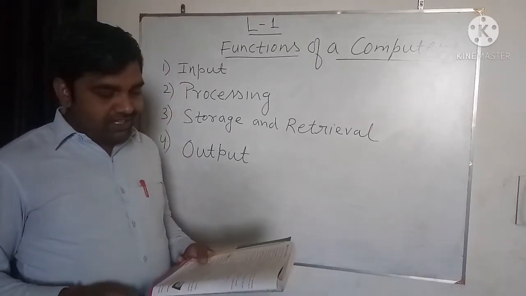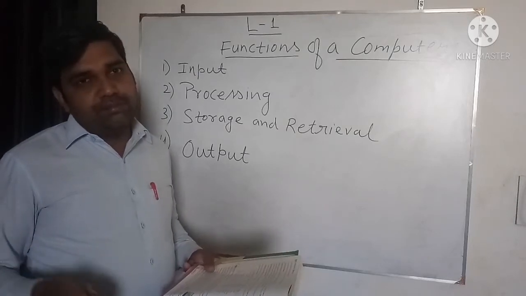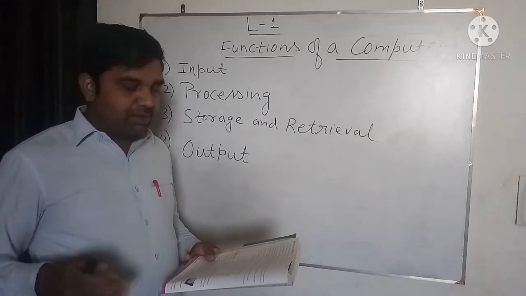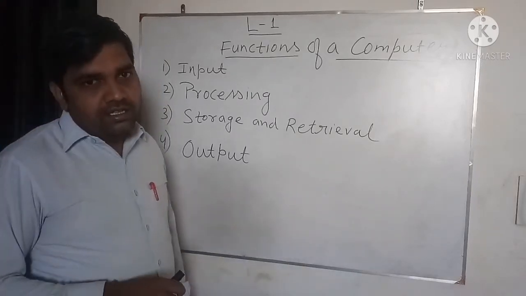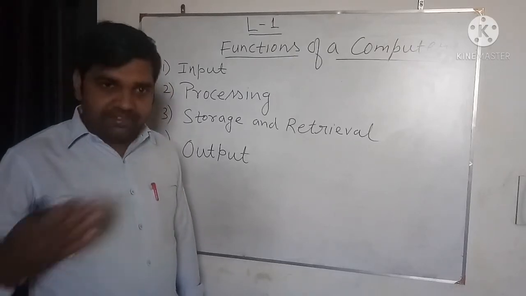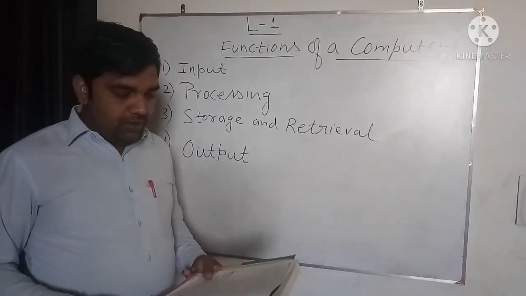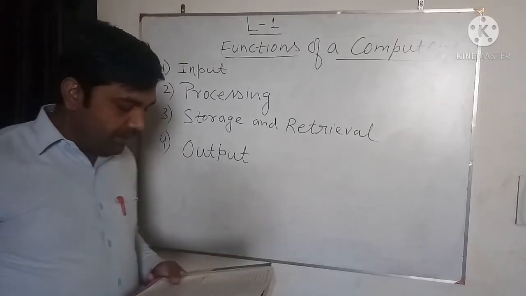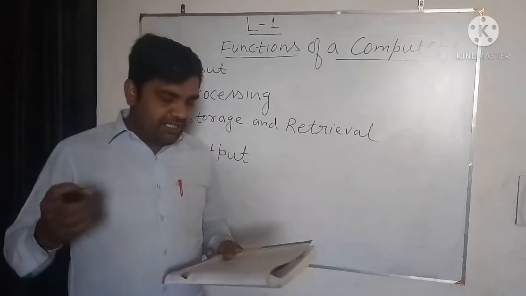And the output is the collection of money. You give the input to the ATM machine that you want to withdraw 2000 rupees. After processing, it will check your balance, whether you have enough balance to withdraw the 2000 rupees or not. If you have enough balance in your account, then as output the ATM will dispense the 2000 rupees cash.